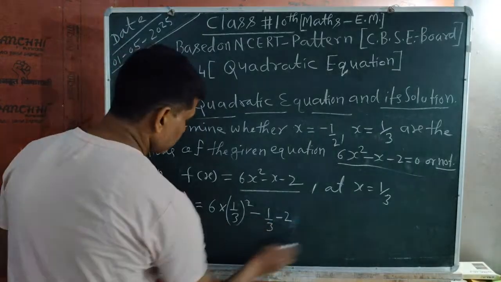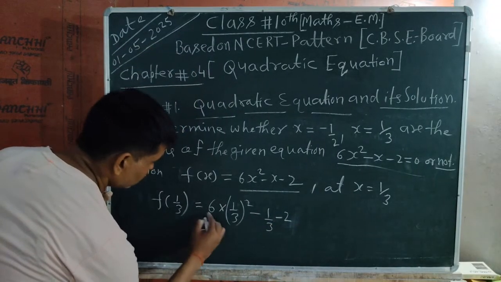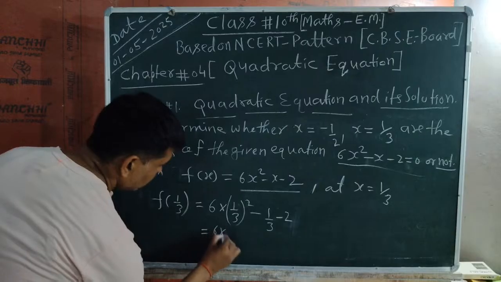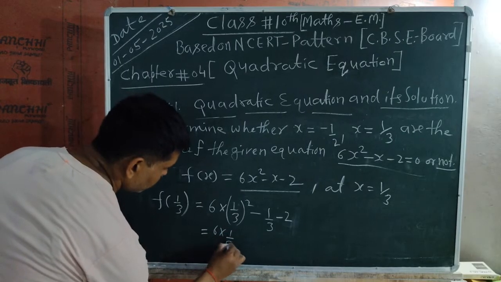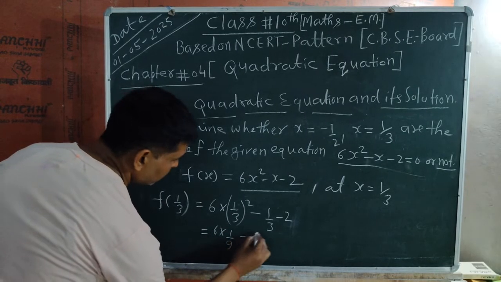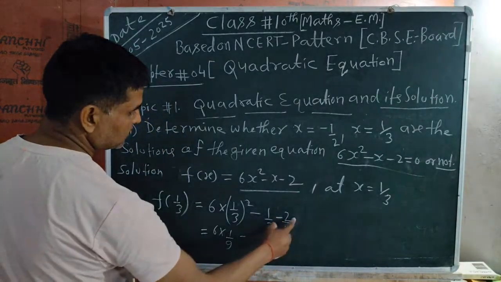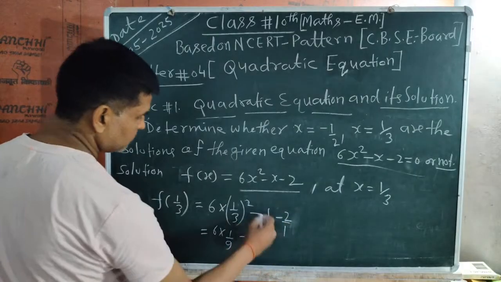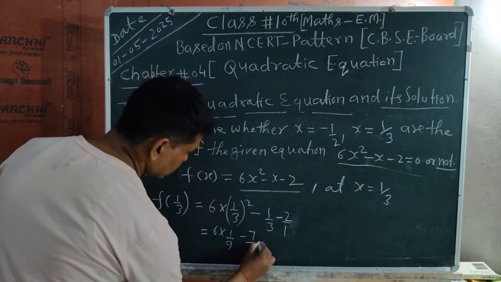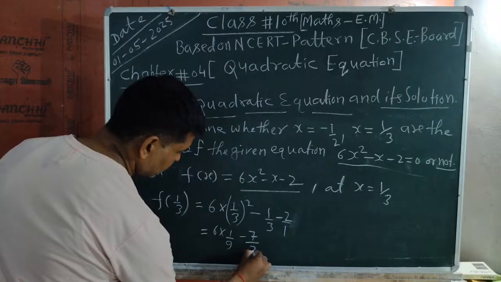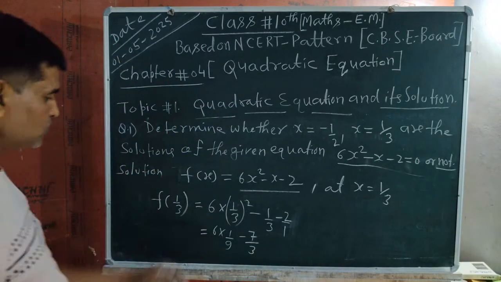Now further I am going to calculate its value. Now this will be 6 divided by 9 minus, I will put here 2 by 1, that will be 3 to the 6 minus 1, 7 divided by 3. Okay, students. Further I am going to simplify this.